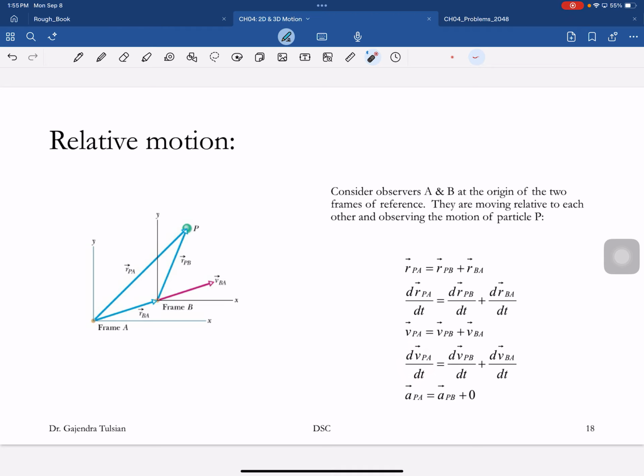And as long as frame B is not accelerating with respect to frame A, if it's moving at constant velocity, this will be 0. Whatever acceleration frame A sees is what frame B sees. So if two frames are not accelerating relative to each other, they see the same accelerations. They see the same forces.